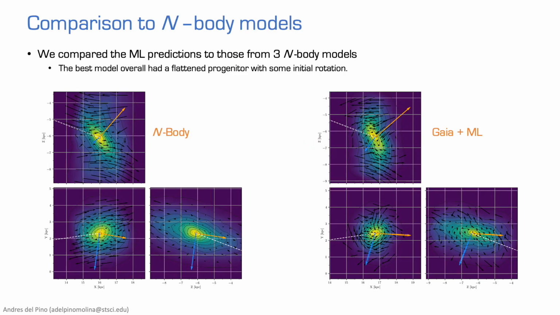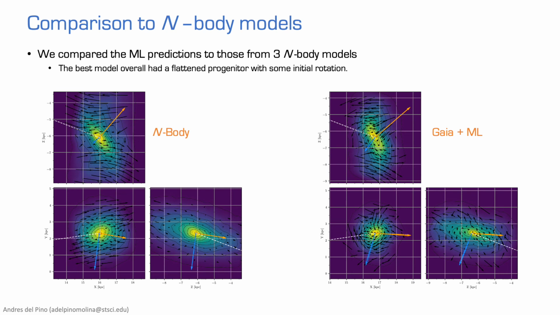In order to explain which kind of progenitor these morphological and kinematical features correspond to, we compared our machine learning predictions with 3 different N-body models, 2 of them based on a spherical pressure-supported progenitor for Sagittarius, and another one based on a flattened rotating disk that is inclined with respect to the orbital plane.